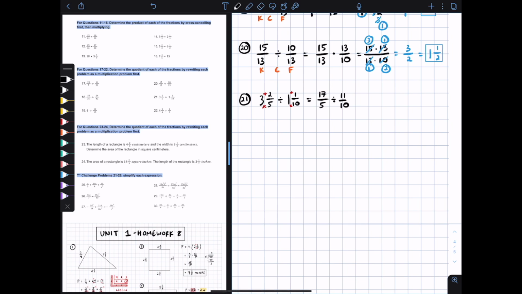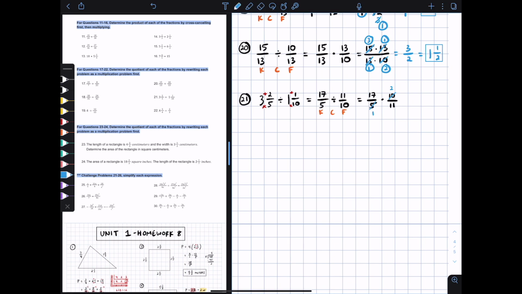So here you can notice it's still a division problem. I just had to take one extra step, or we have to take an extra step to change it to improper fractions. Okay, so keep, change, flip. And if we rewrite this as a multiplication problem, because we haven't done that yet, that's 17 over 5 times 10 over 11, right? I think maybe you're getting the hang of it, hopefully. It's the same deal, but this and this both divide by 5 to get 1, then 2.